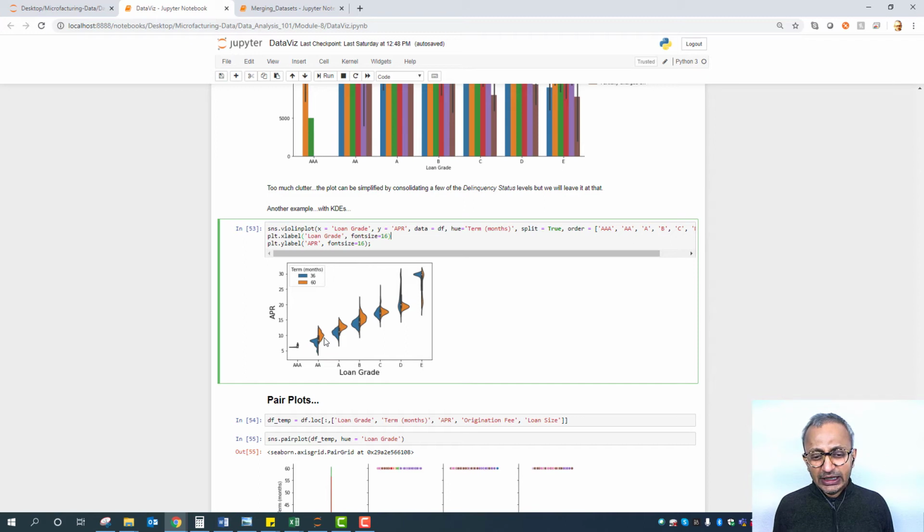So it sort of tells you something, right? What it tells you is that when you're borrowing for 36 months, a shorter duration, you're typically charged a lower rate than when you're borrowing for a longer duration.